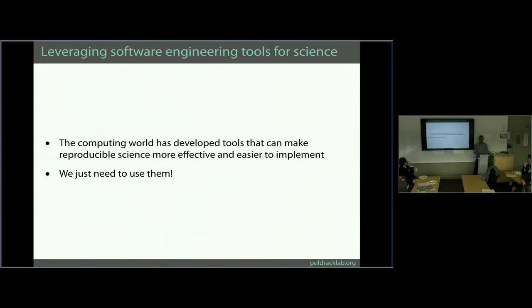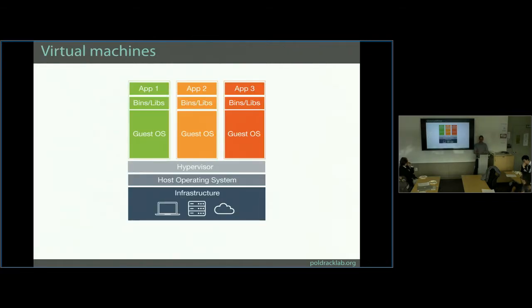Okay, so I mentioned that most of us are not trained as software engineers, right? It turns out there's a ton of tools out in the world that people out here in the Valley use to do better work, and we've become really interested in how we can take advantage of these. The first is virtual machines. Most of you have probably heard of virtual machines.